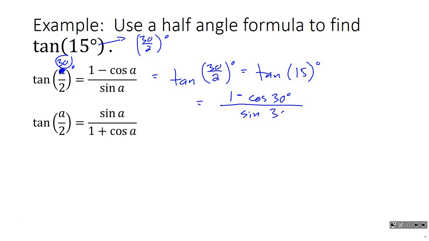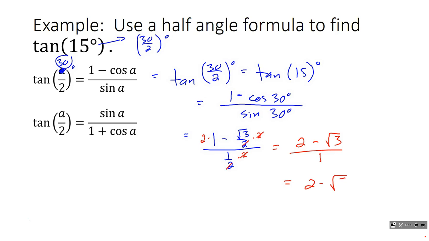And the denominator will be the sine of 30 degrees. So let's see. The cosine of 30 degrees is the square root of 3 over 2, and the sine of 30 degrees is 1/2. Let's multiply all three of these by 2. Get some nice cancellations here. And we will have 2 times 1 is 2, minus the square root of 3 over 1, which, well, that would just then be 2 minus the square root of 3.